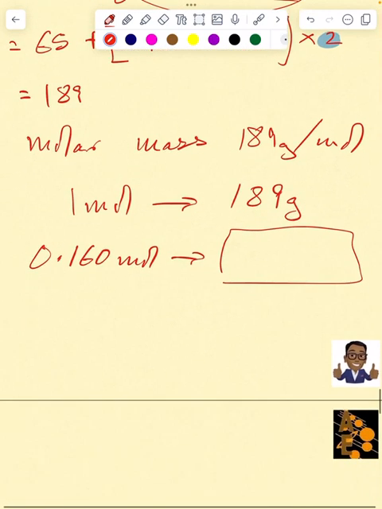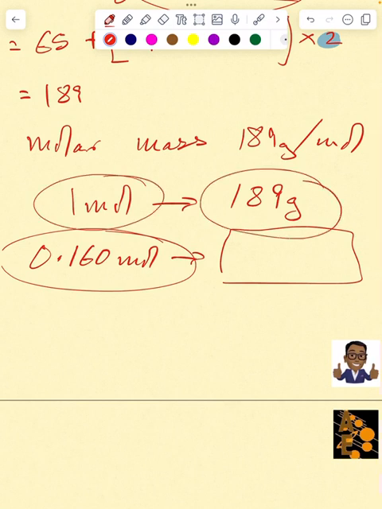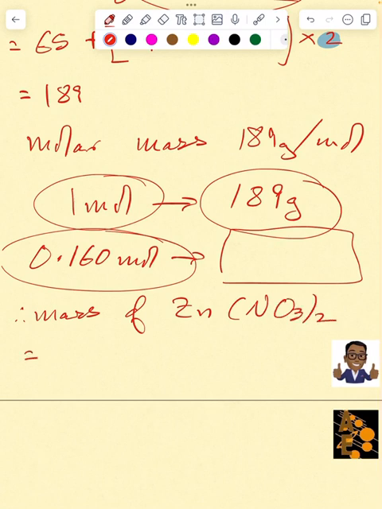So therefore the mass of your zinc nitrate, Zn(NO3)2, will be equal to, you see, 0.160 mole. I purposely do this so that you can see easily done. Divide by mole, divide by the same unit, right? And of course multiply by 189 gram.